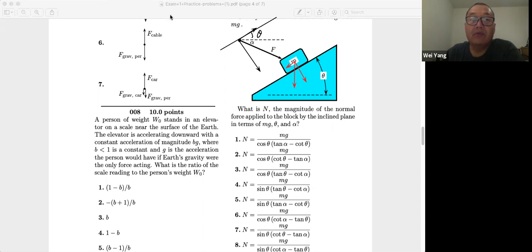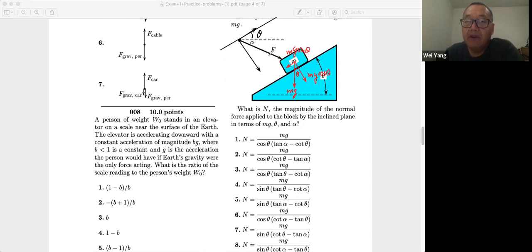All right. So now let's mark these components. This one is mg, the weight. Then this perpendicular component of weight will be mg times cosine theta, because this angle is theta. Then this parallel component of weight will be mg times sine theta.